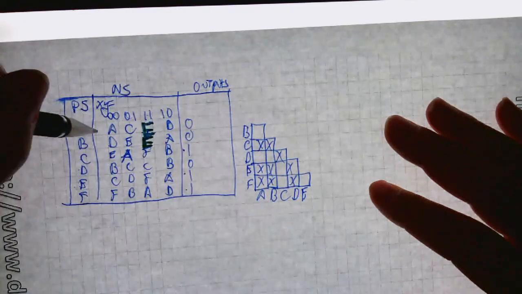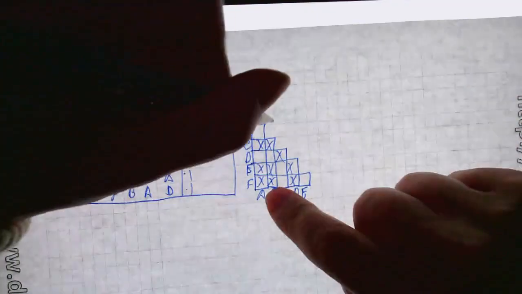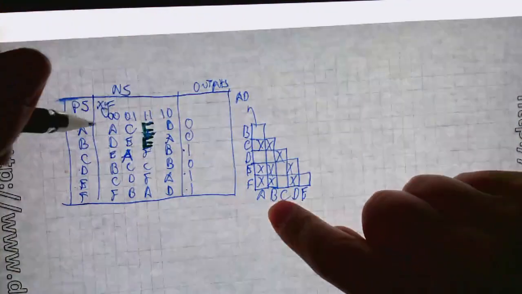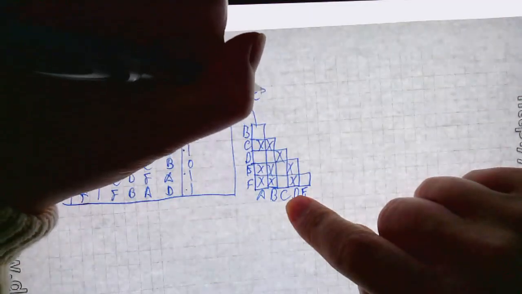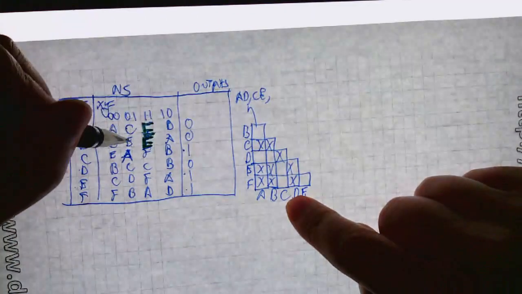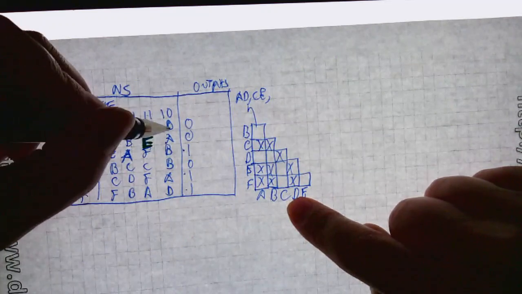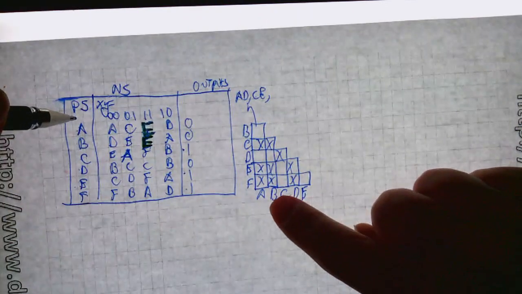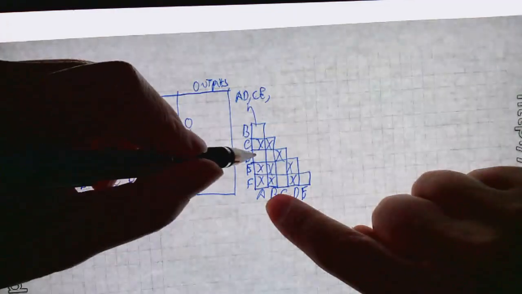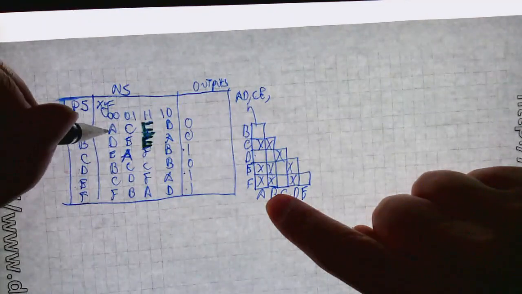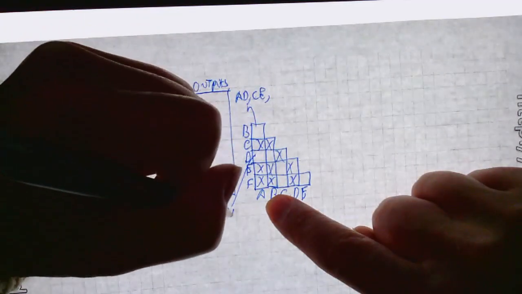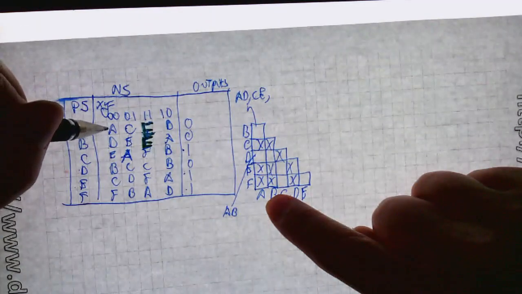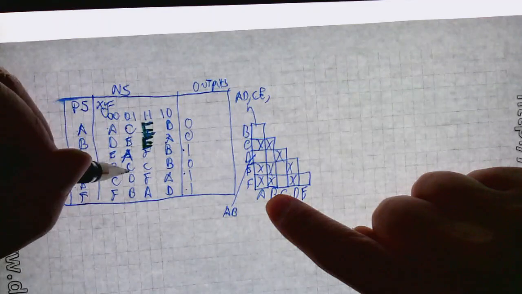So A to B requires that A equal D. It requires that C equal E. It requires that E equal E, that's okay, and that A is equal to D. We got that already. So now let's take a look at AD. A is equal to D if A equals B. A equals D if C equals C, that's good.